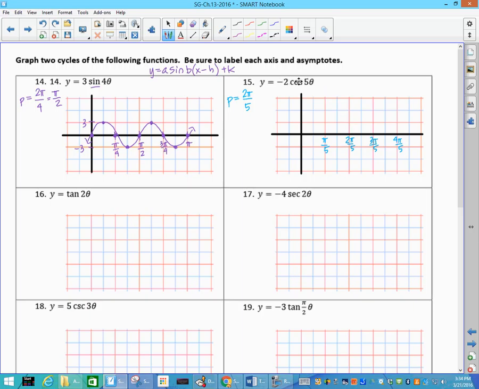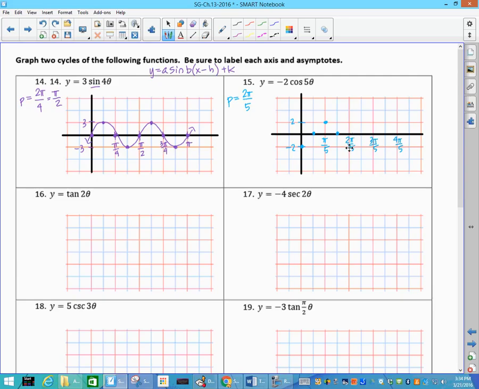Cosine normally starts up at a max, but because it's got a negative, it's going to start at a min. So I'm going to start down here. But because this isn't 1, I have to label that as negative 2. So it starts at a min and ends at a min. Halfway between is the max. And halfway between those 2 points are zeros.